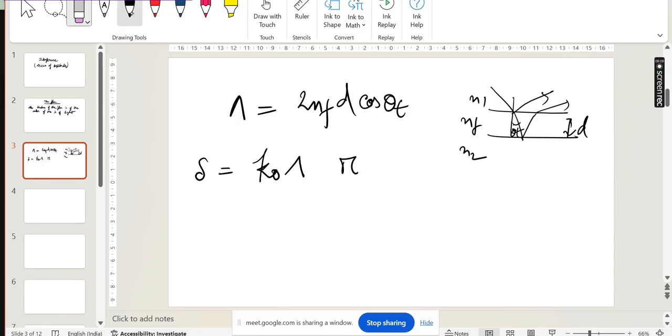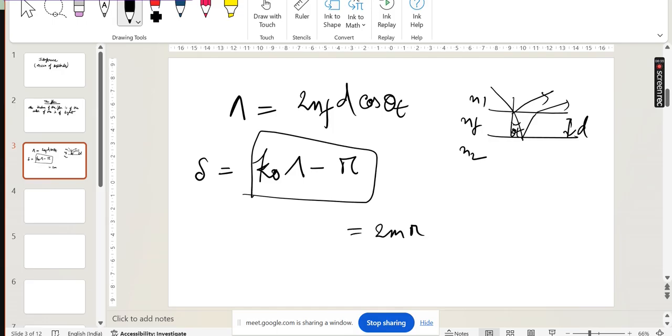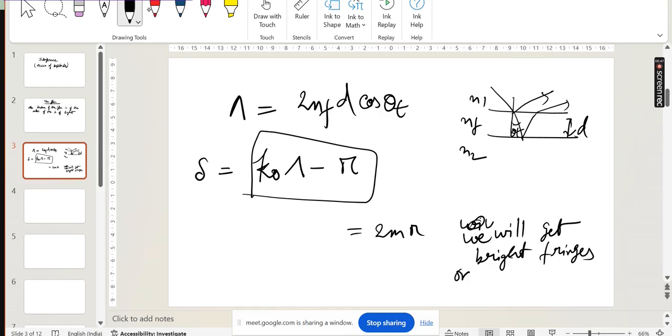If delta is equal to 2n pi, we get bright fringes or constructive interference.